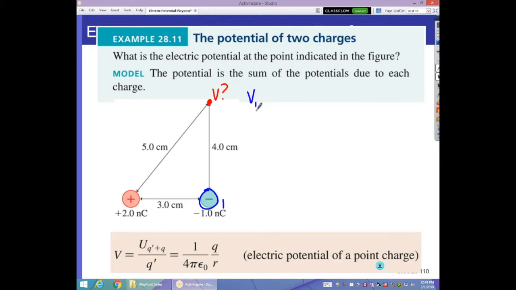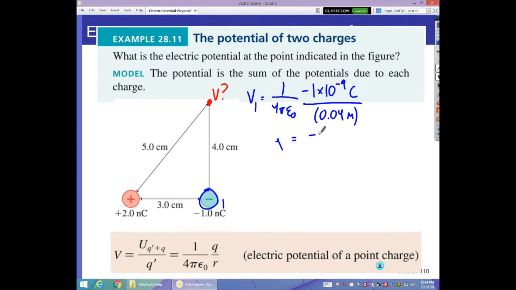So my voltage from number 1 is going to be 1 over 4 pi epsilon naught. The Q is -1 nanocoulomb, so -1 times 10 to the -9th coulombs, all over, well, its distance is 4 centimeters, and that's inconvenient. So let's write that as 0.04 meters. Of course, I happen to know that this 1 over 4 pi epsilon naught is really 9 times 10 to the 9th.